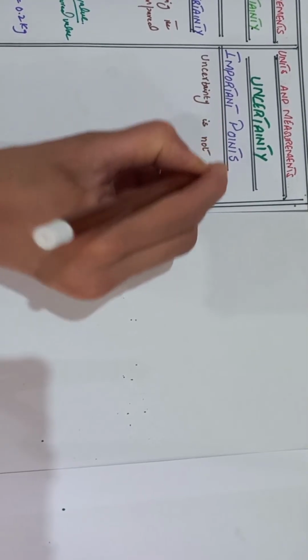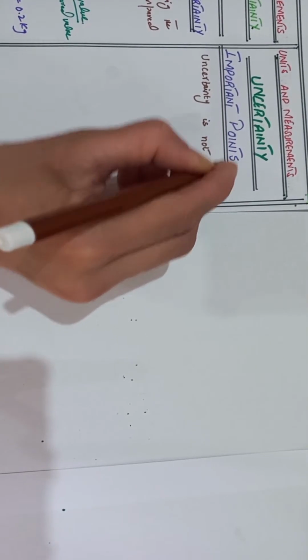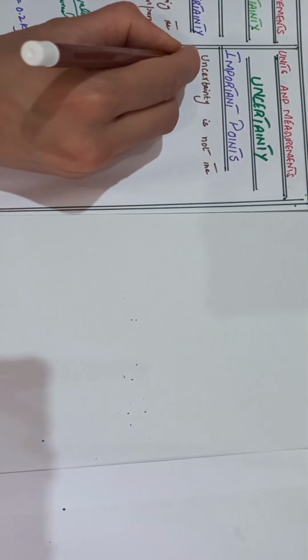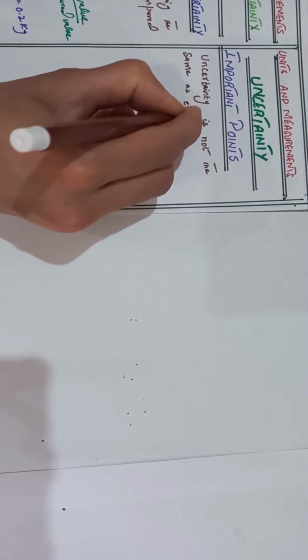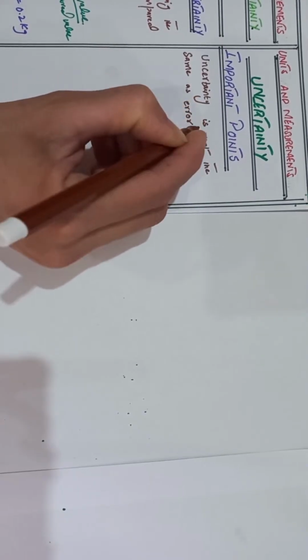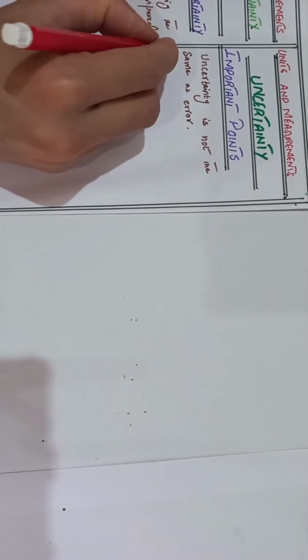Now we write: uncertainty is not the same as error. Now we discuss what error is.